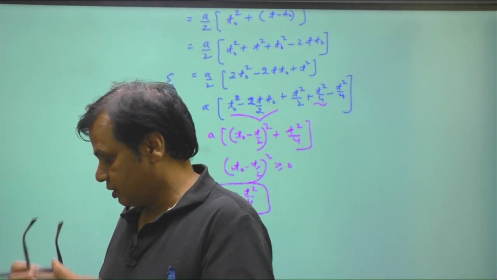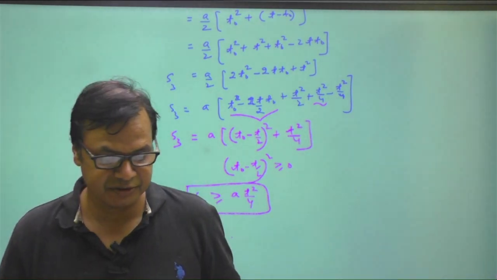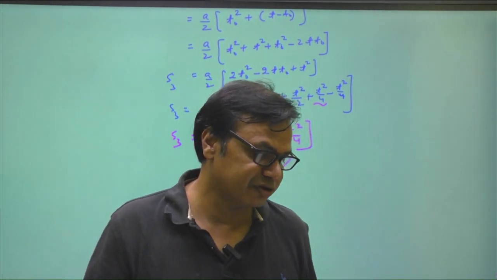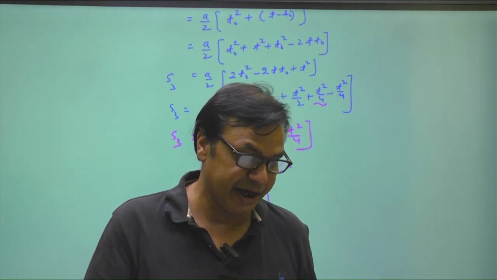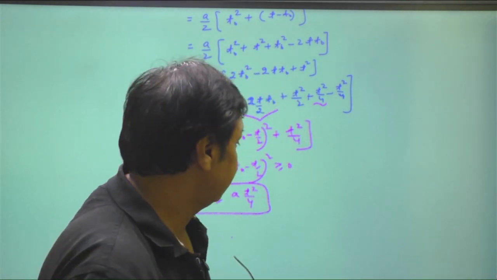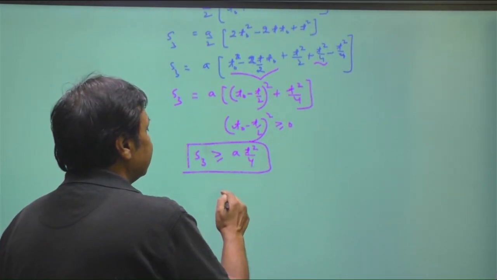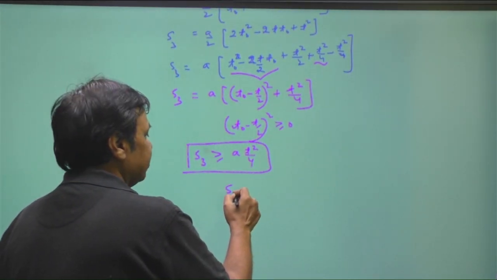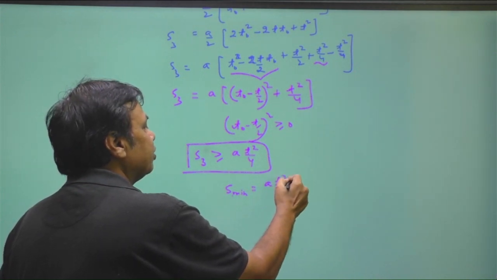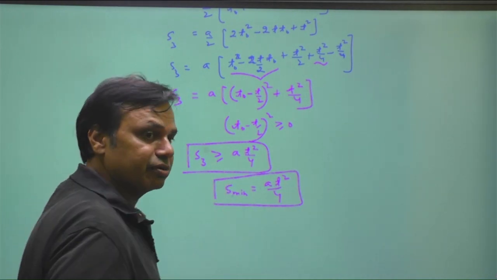The question was simply: what is the minimum distance in time t that a particle moving with constant acceleration a can travel? So the minimum distance is S3, and its value will become equal to a t square by 4.